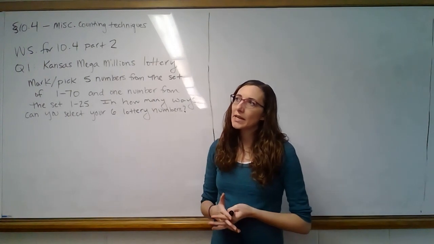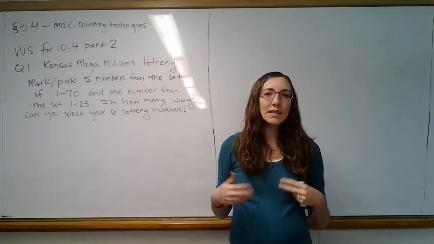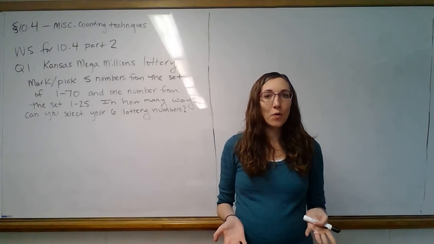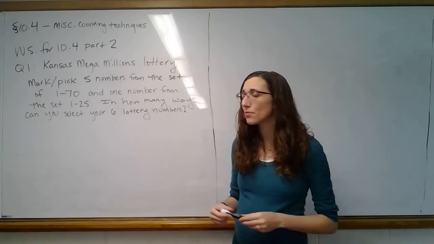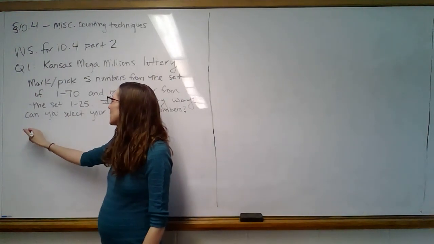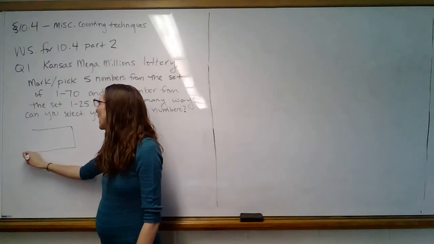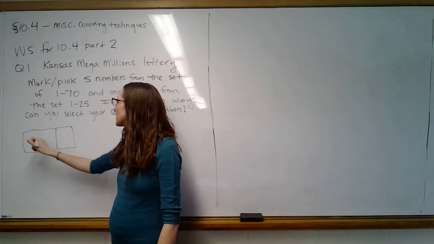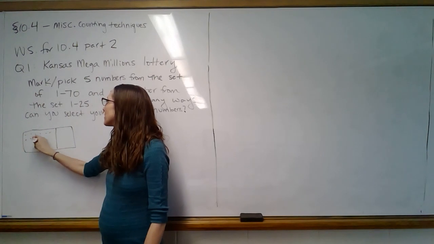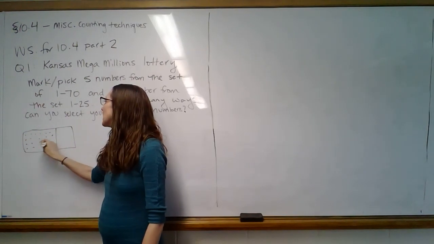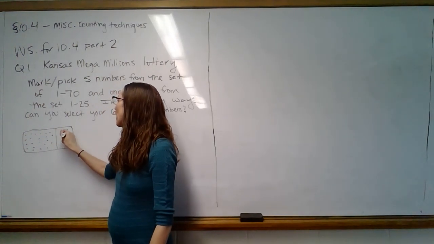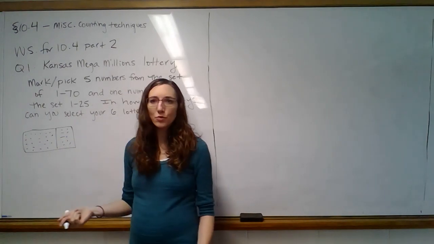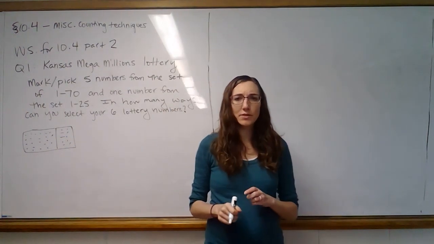One of the things that's kind of good to think about is when they list the instructions, trying to think about what does it actually look like that we're doing, right? We're literally going to get like a card or a piece of paper where it's in 2 different sections, and on one part there's the numbers 1 through 70. And then on this other part, it's smaller, and there's only the numbers 1 through 25. So 2 different sections.